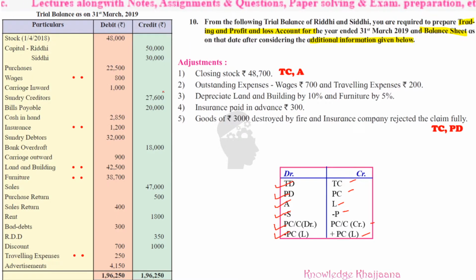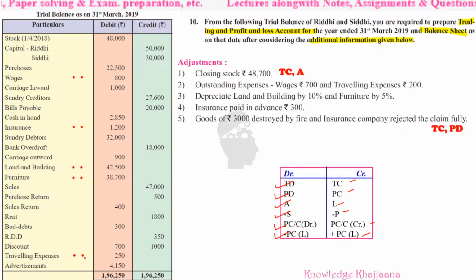Similarly, the other half of this adjustment number 2, traveling expenses rupees 200. Again the same. See, traveling expenses have not been paid, which should have been paid. Now let's go to the traveling expenses item given in the particulars. Yes, we found it. So one marking against traveling expenses, so they should be added. Where are they added? Profit and loss account debit side.